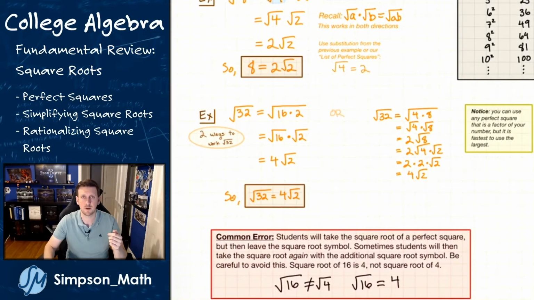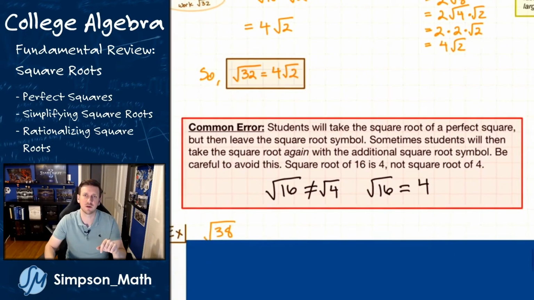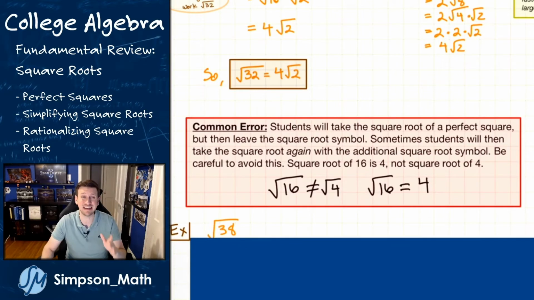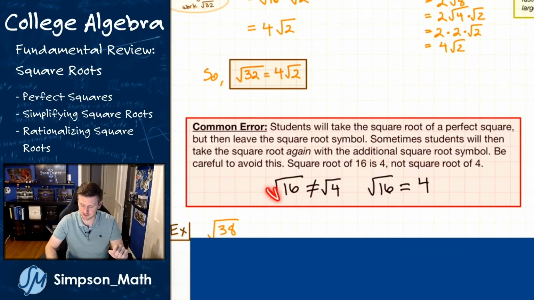All right. Now, let's take a look at this common error. Some students will take the square root of a perfect square, but then leave the square root symbol behind. That is a very bad idea. So if I have square root of 16, square root of 16 equals 4. Students will do this. They'll say square root of 16 equals square root of 4.